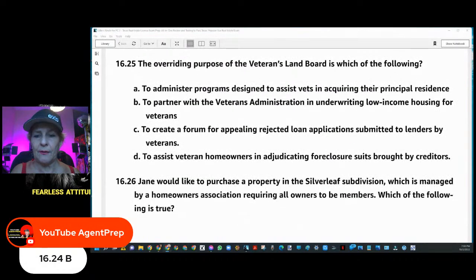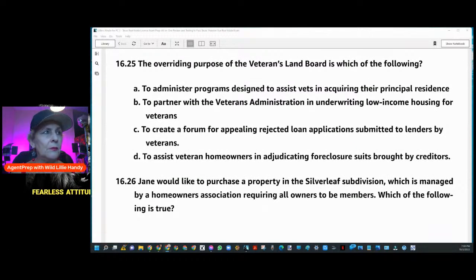Number 25. The overriding purpose of the Veterans Land Board is which of the following? A, to administer programs designed to assist vets in acquiring their principal residences.